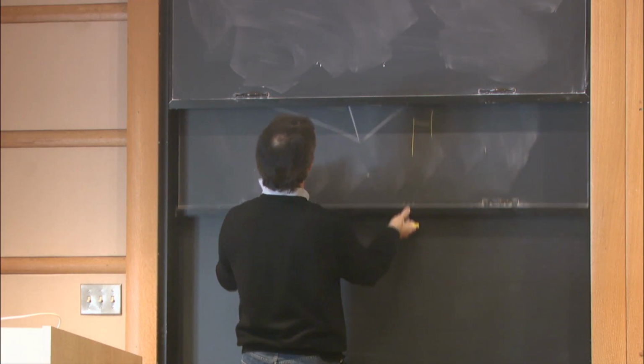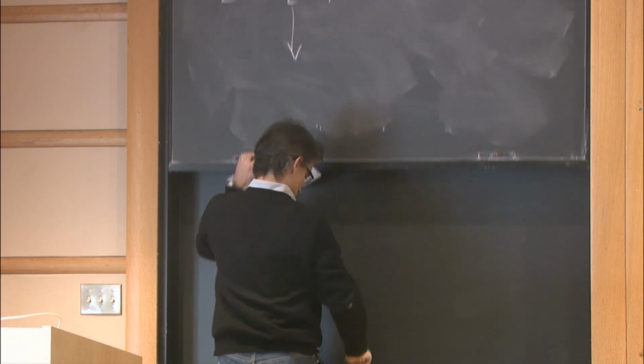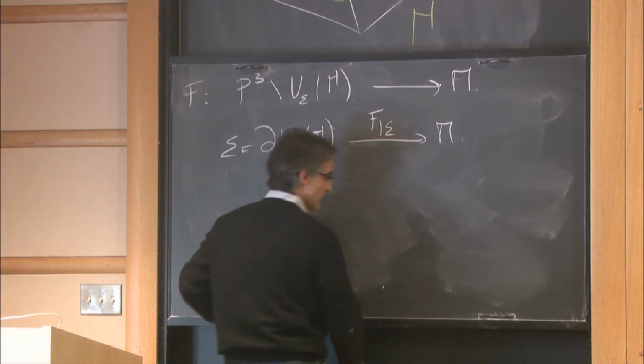So you have a map from the surface to gamma, to the graph.